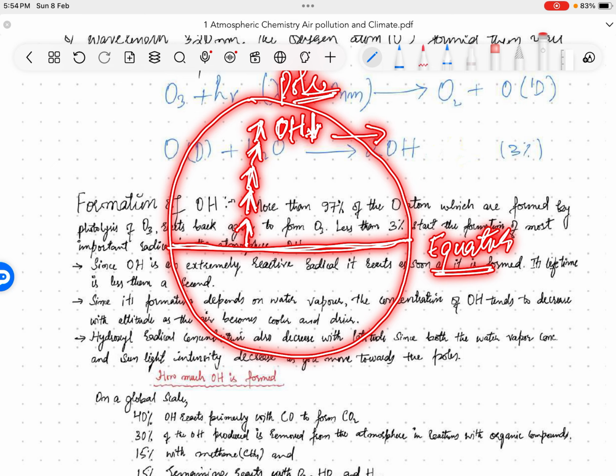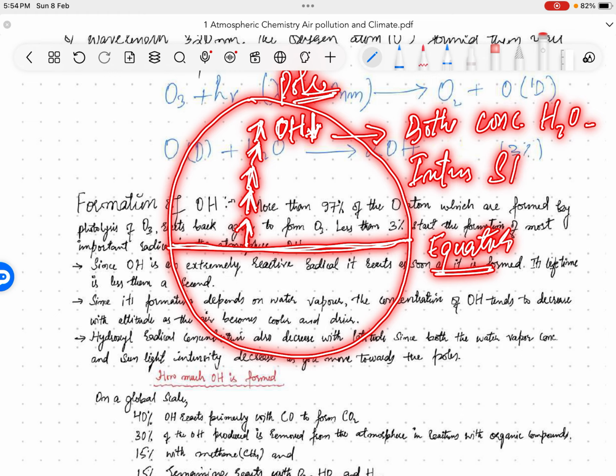Why? Because both the concentration of water vapors and intensity of solar radiation decrease as we move away from the equator towards the pole.